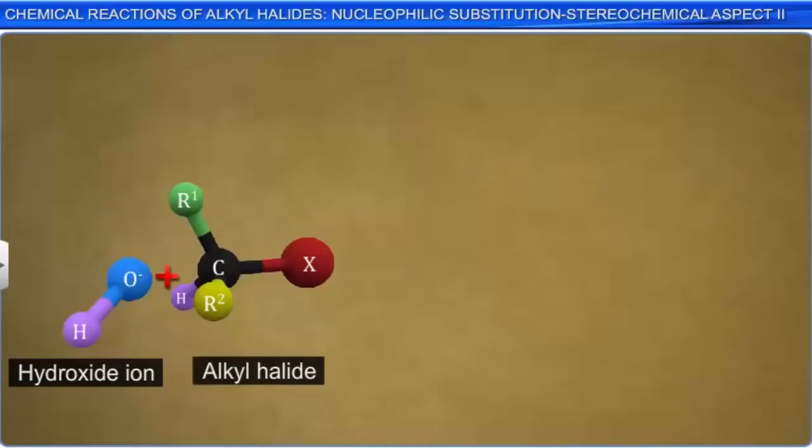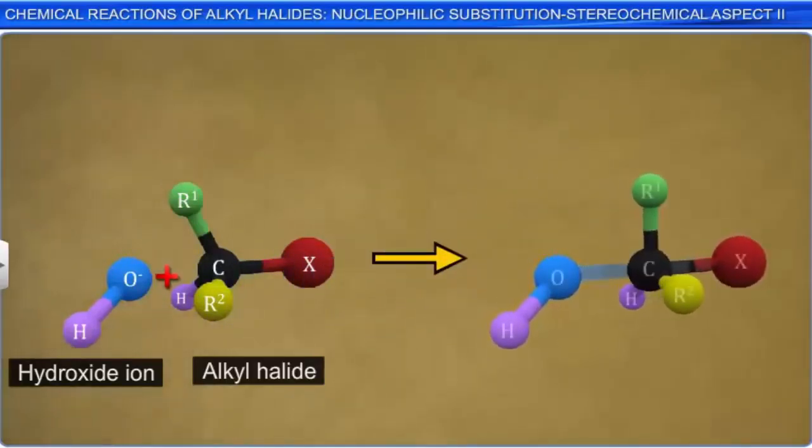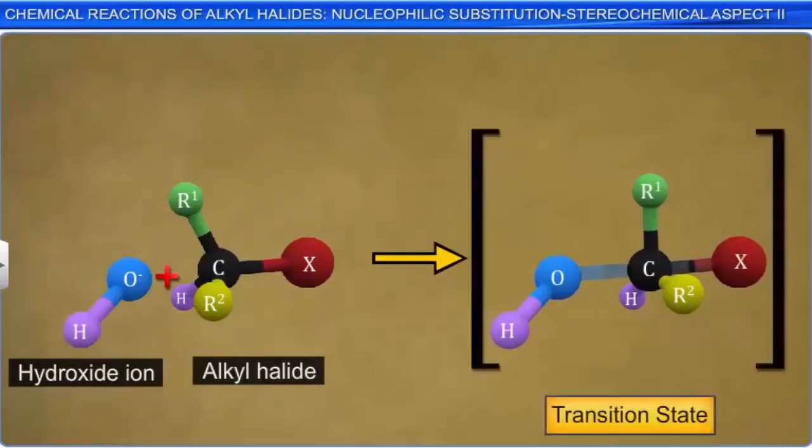In this process, the displacement of the leaving group from the carbon atom of the substrate and the formation of a new bond with the nucleophile take place simultaneously. This results in an unstable transition state with 5 bonds. These bonds in the transition state are distorted from the tetrahedral geometry of an alkyl halide. They exist as a planar spoke arrangement for a short time.